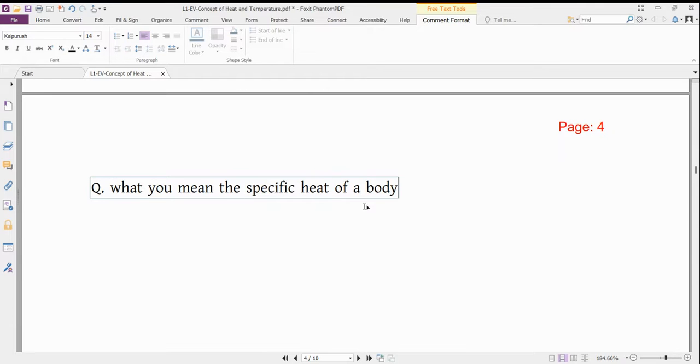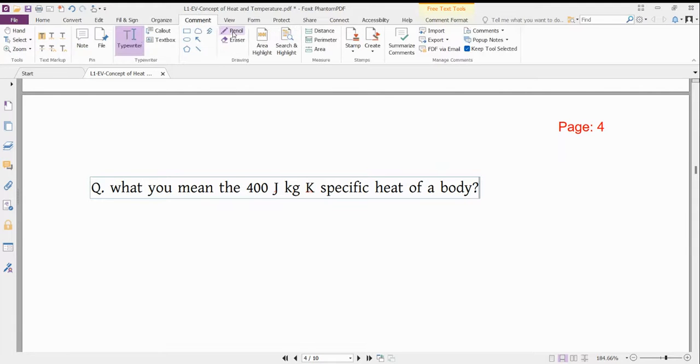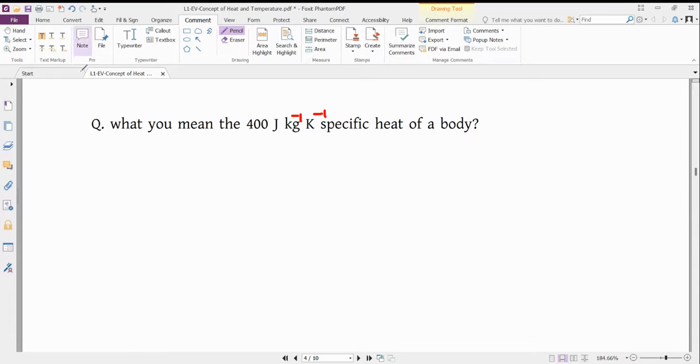What do you mean when the specific heat of a body is 400 joule per kg per Kelvin? Okay, so here it should be per kg per Kelvin.